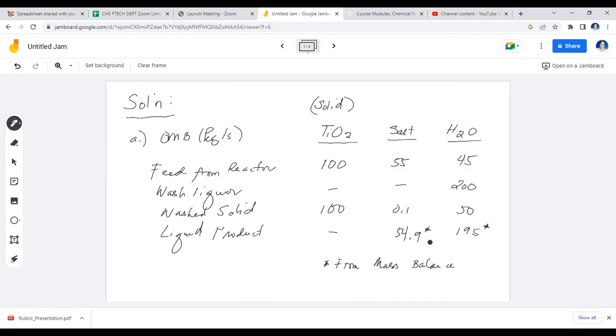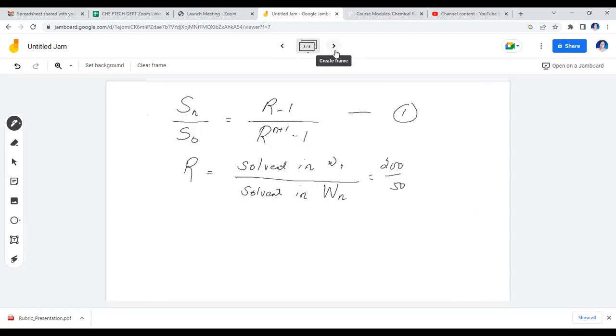I took it from here. The solvent in the concentrated wash liquor and the solvent in the solution leaving your nth thickener. So our answer here is 4.